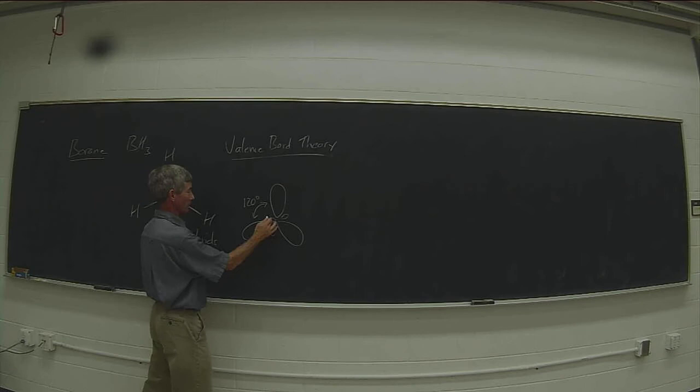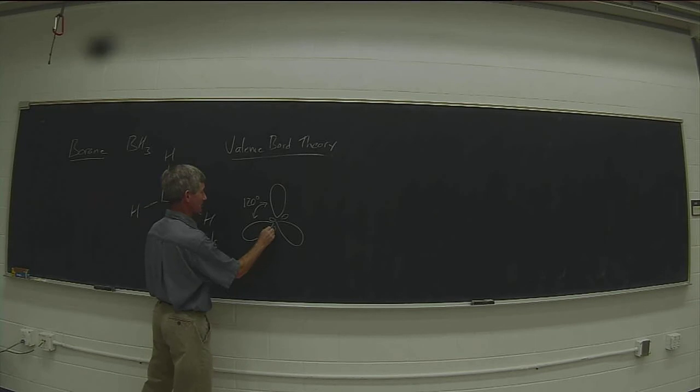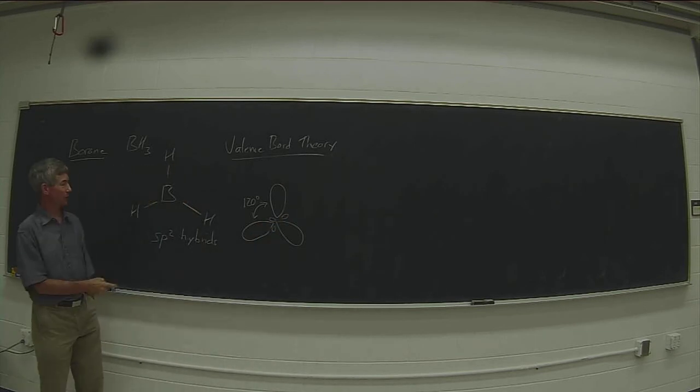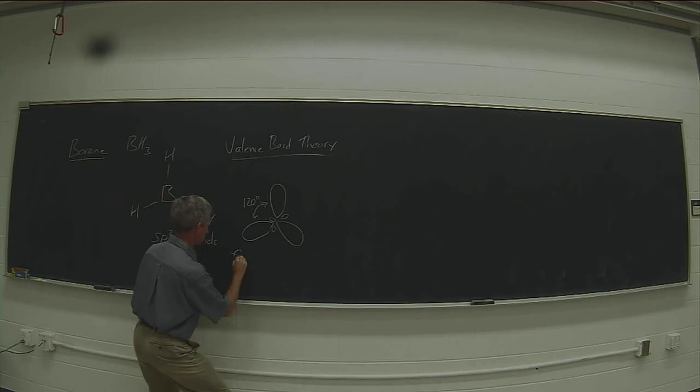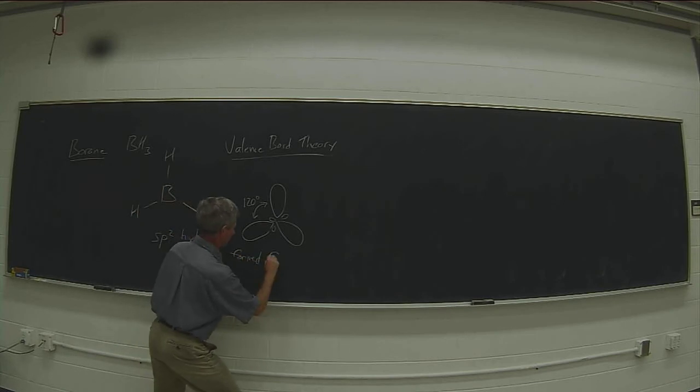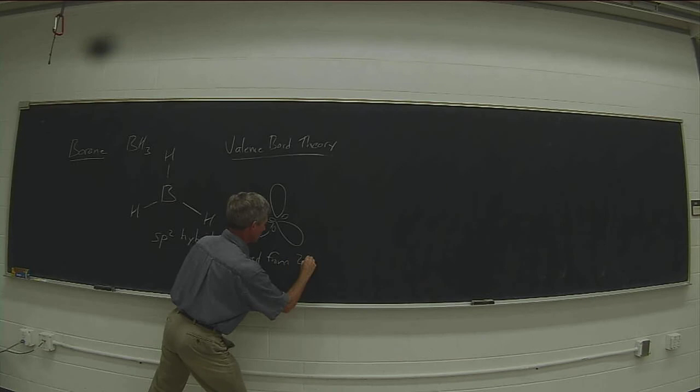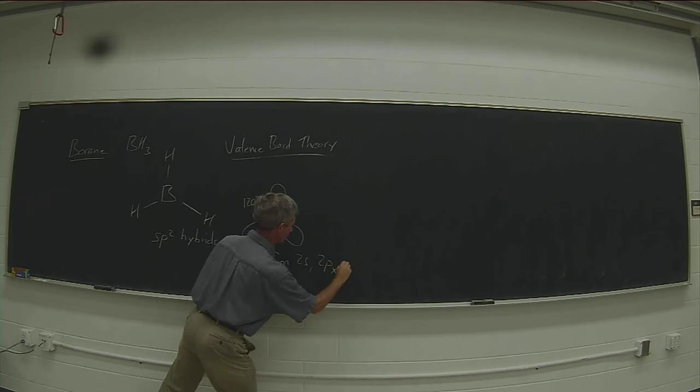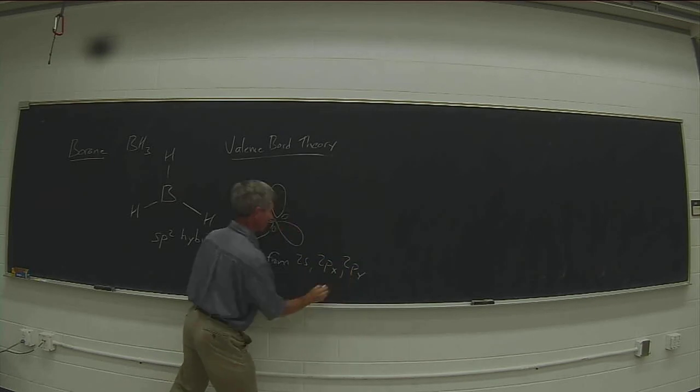Often we don't even bother showing a little tiny back lobe of those sp2 hybrid orbitals, and these are formed from the 2s orbital, the 2px orbital, and the 2py orbital.